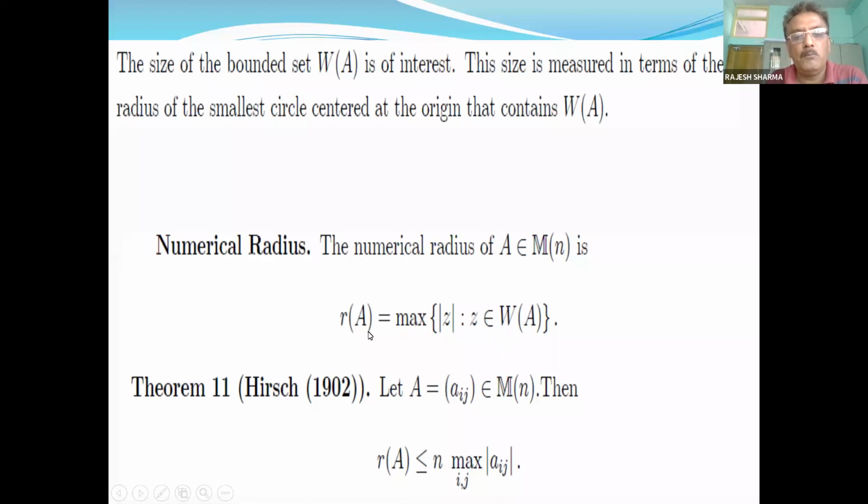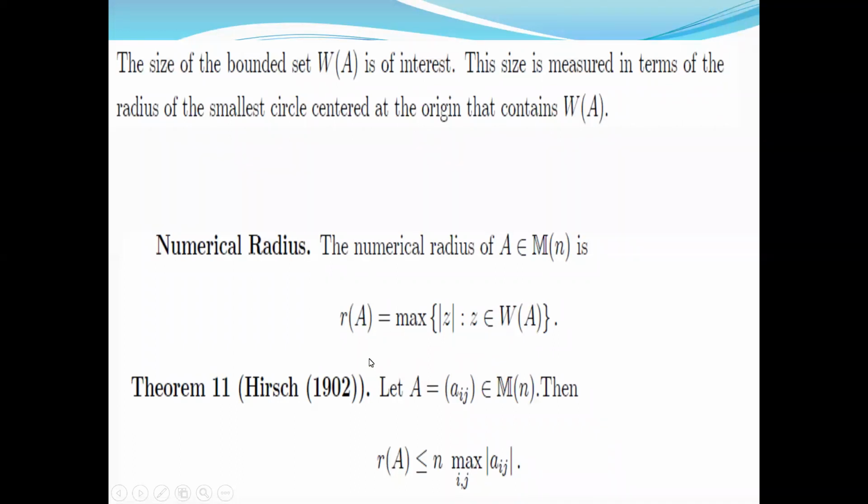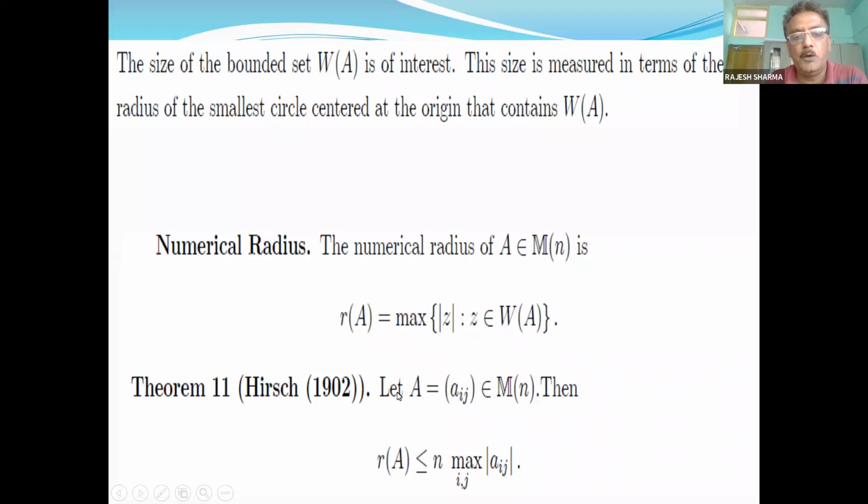Now, we first find an upper bound for this numerical radius. This is due to Hirsch, 1902. And in the next theorem, we discuss an improvement of this result. Let A equal to (a_ij) belong to M_n, then the numerical radius is less than or equal to n times the maximum of mod a_ij.